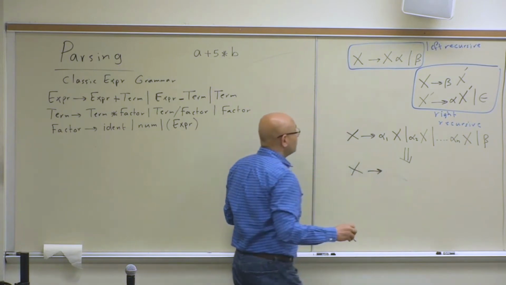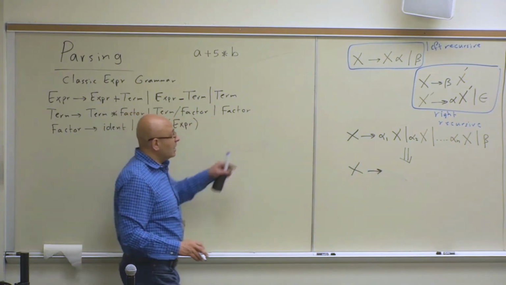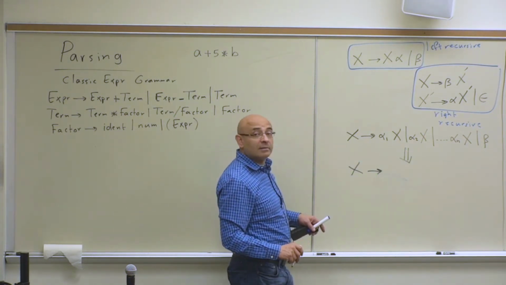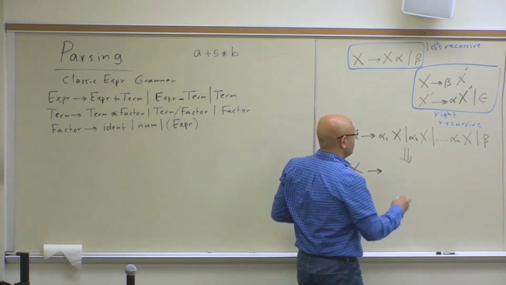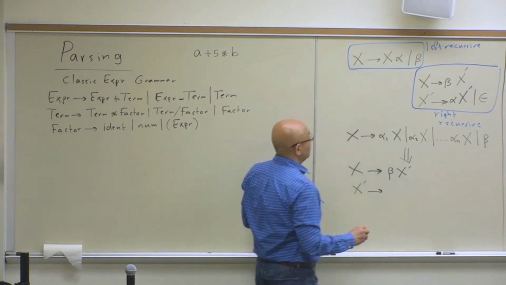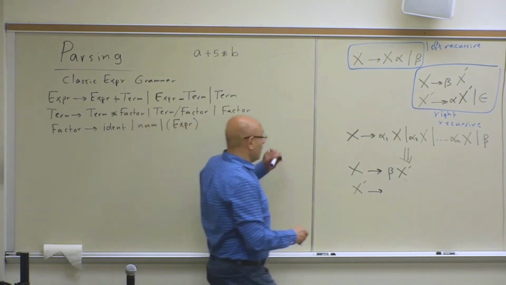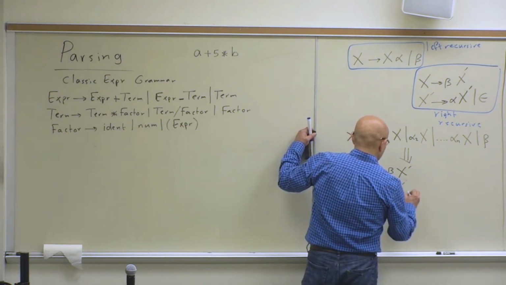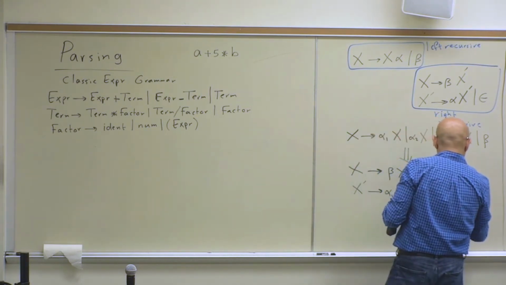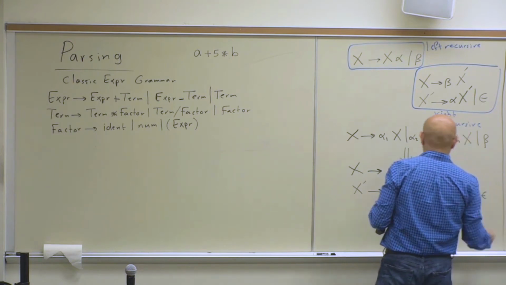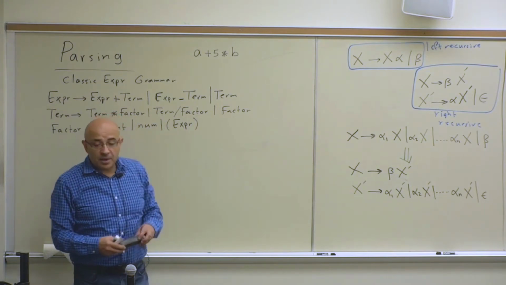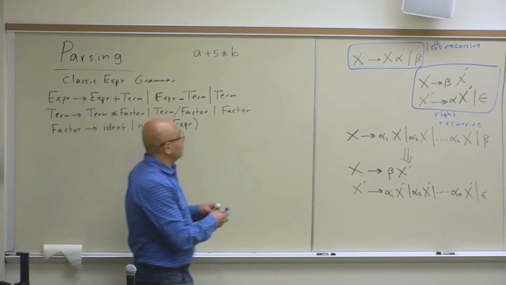X goes to, it will still start with beta. So it's still beta x prime, but my x prime is what? Alpha 1 x prime or alpha 2 x prime or alpha n x prime or epsilon. So this is a generalization. So basically you don't have to have one left recursive rule. You can have multiple.